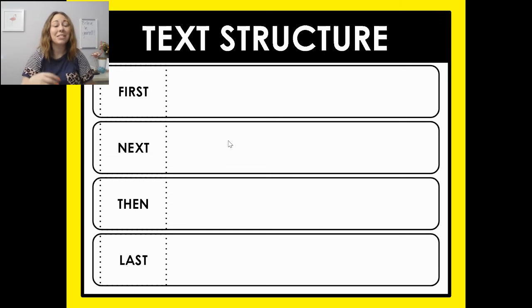Those are words that help put things in order. And we might see some of these words in the text as well. Now, there are lots of other sequencing words that we could use, like first and then second, or you could say after. But for our graphic organizer, we're going to use the words first, next, then, and last. So let's think about what was the first thing they did to determine that the skeleton actually belonged to King Richard III.